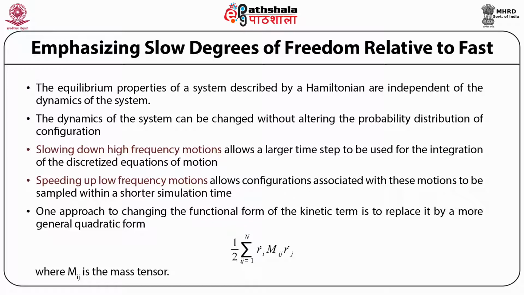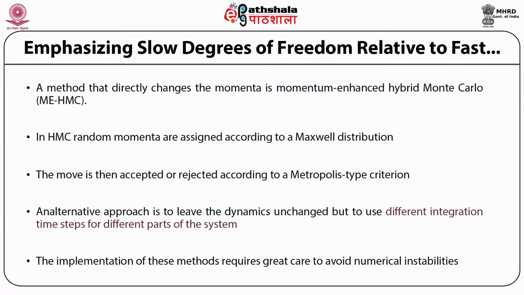Hence what we can do is try artificially to put something in so that the fast frequencies are damped, and the low frequency or slow motions are predominant compared to the fast ones. That can also be done in certain ways, and one of the ways is using some mass insert. I'll show you some examples where we have applied this. So I have discussed this.